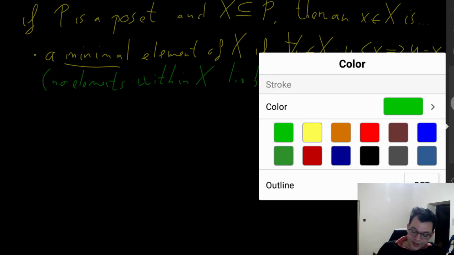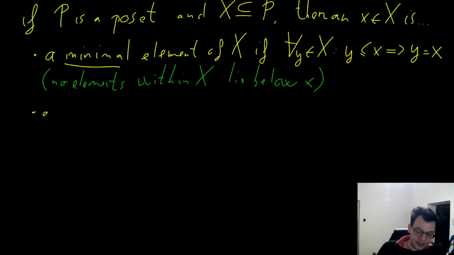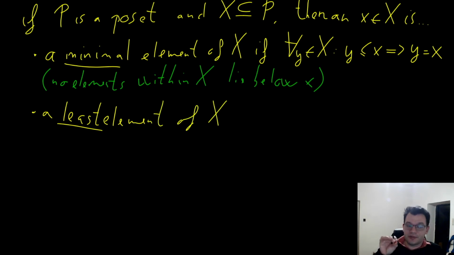And another related notion is a least element. That's different. A least element of X. Being a least element means that every other element within X is larger than this element, so they are comparable in that direction.